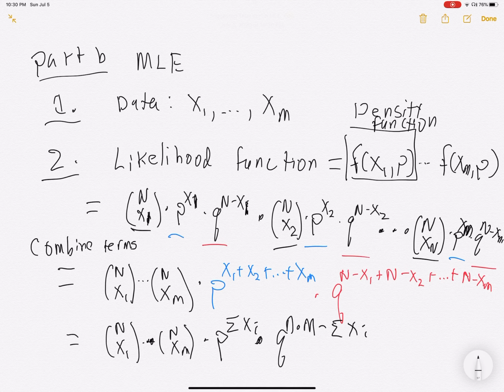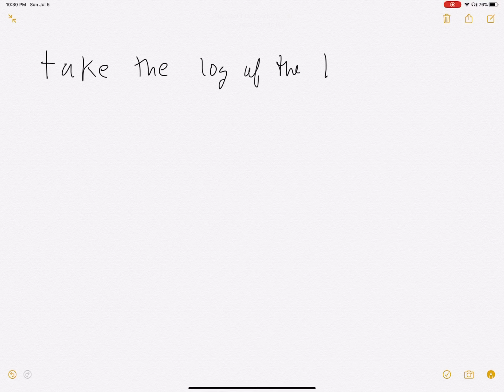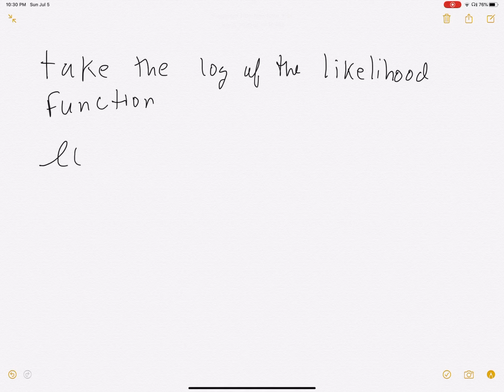Now I'm going to simplify this. I'm going to take the log of the likelihood function, and I'm going to call that little l of the unknown parameter p. Applying properties of log, it'll be the log of n choose x1 times n choose x sub m.